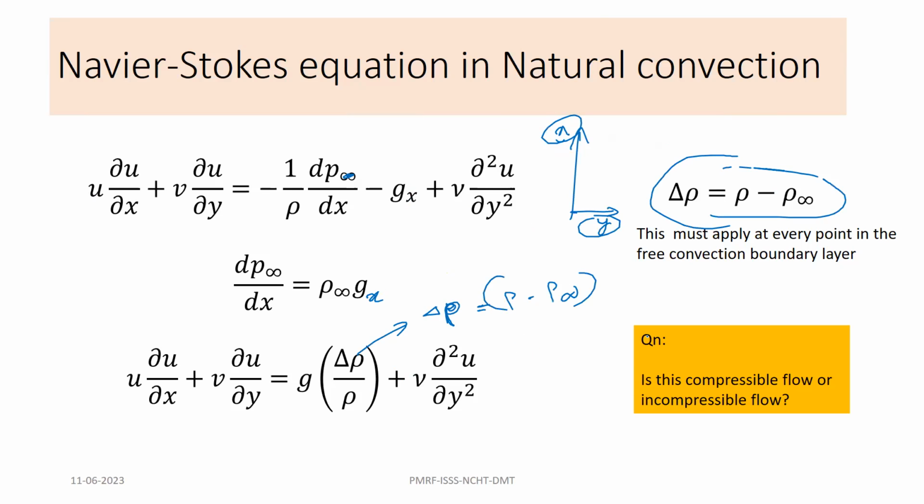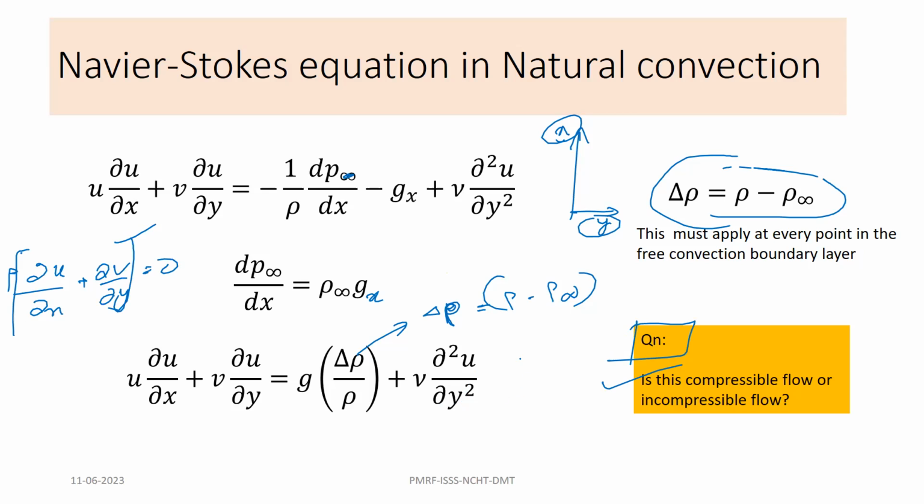One question we can ask here is: is this a compressible flow or an incompressible flow? In order to satisfy the continuity equation, dou u by dou x plus dou v by dou y equal to 0, we have taken density to be constant and eliminated it. So that is actually satisfied.